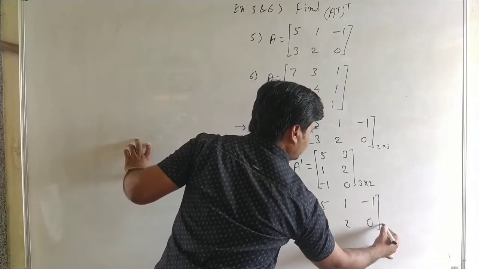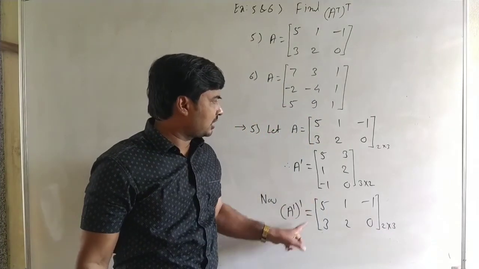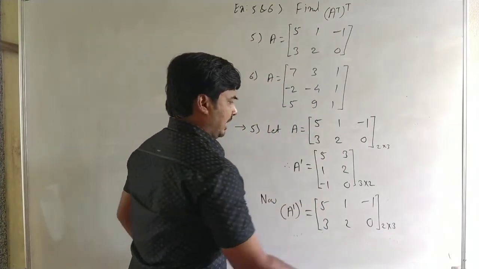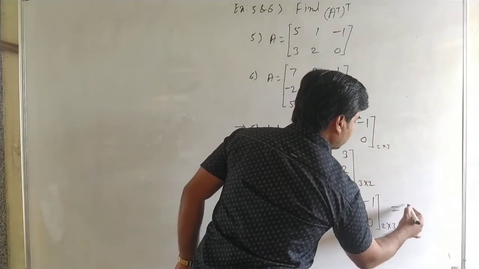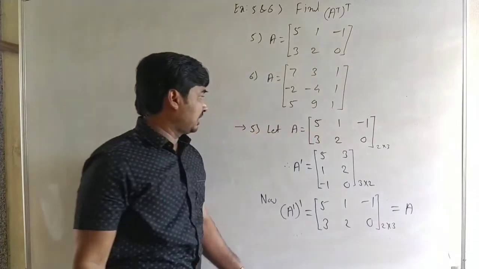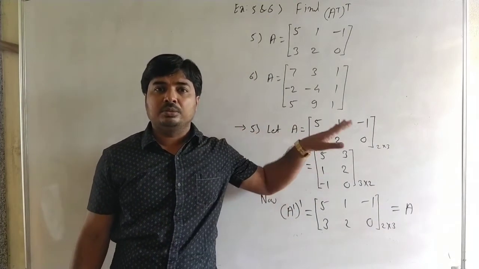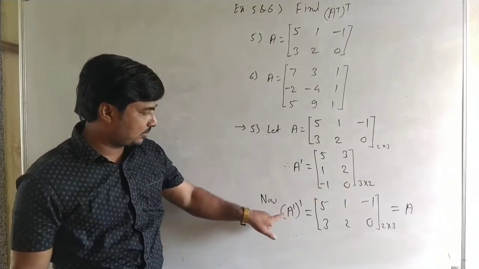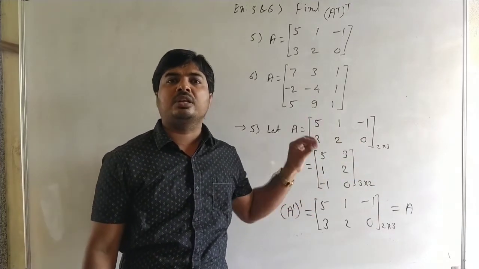Again the order is 2 by 3. Transpose of transpose, see carefully, is the original matrix. That means when we take a transpose two times of the matrix, then it becomes itself. A transpose of transpose is equal to A. It is a property of the transpose of a matrix.